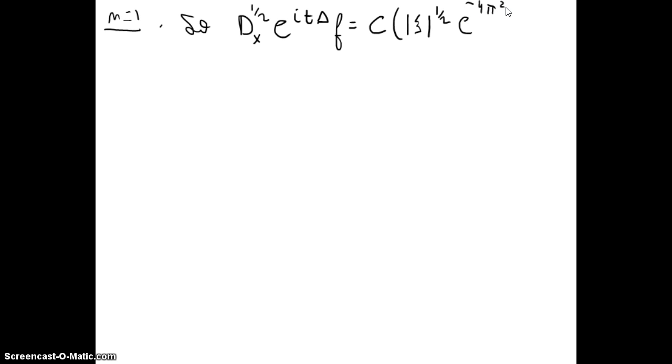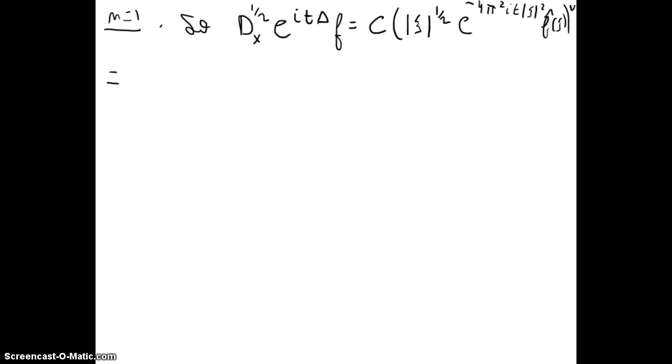So D_x^{1/2} e^{itΔ} f is going to be equal to c times the anti-transform of |ξ|^{1/2} e^{-4π² i t ξ²} f-hat(ξ).